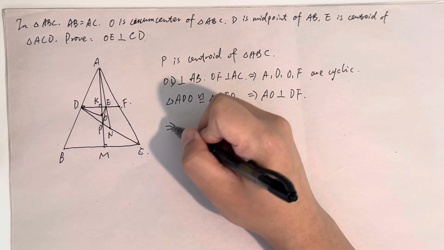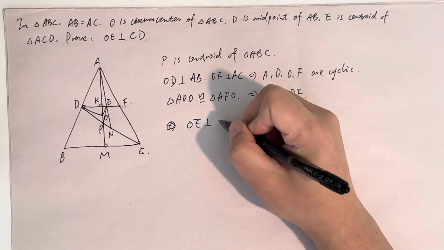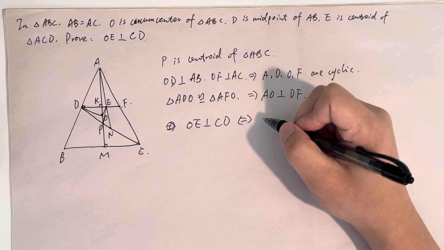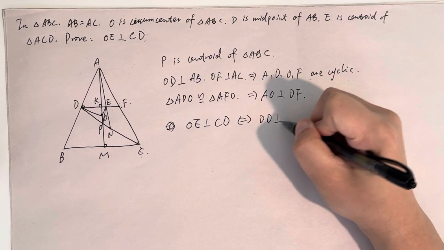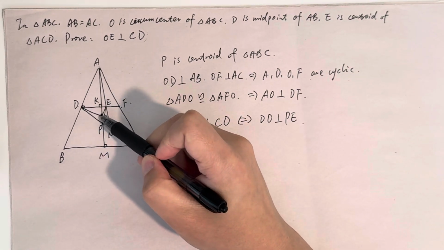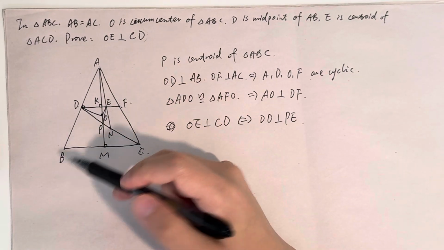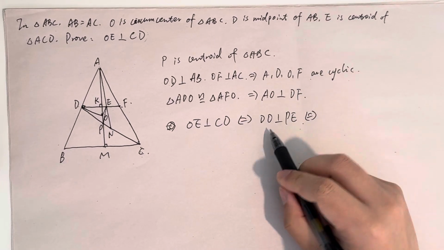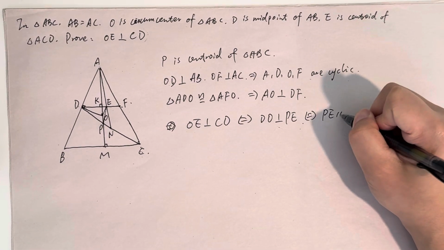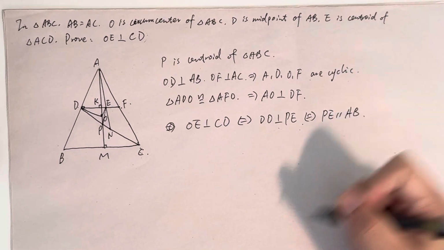So proving OE perpendicular to CD is equivalent to proving that DO is perpendicular to PE. And we know that DO is perpendicular to AB, which means we need to prove that PE is parallel with AB, right?